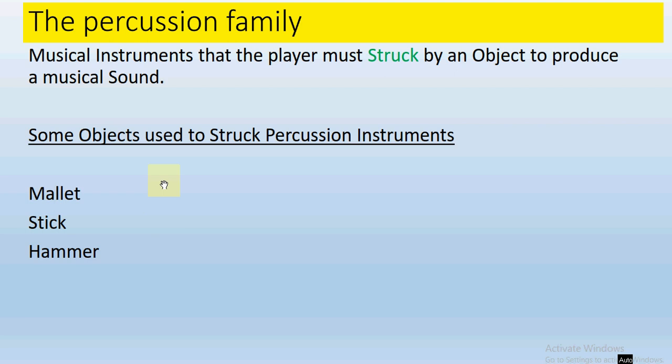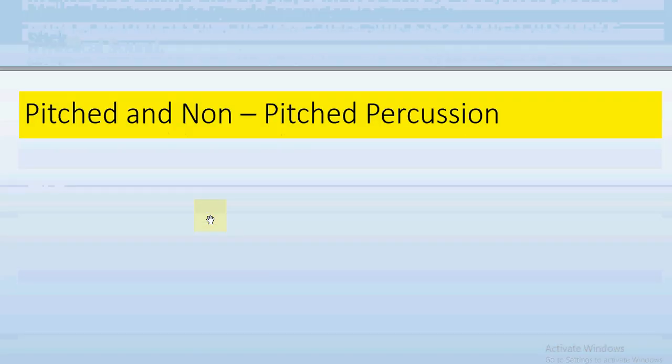So just to dwell on the term percussion, I think it originates from the Latin word percussive, like something that you need to strike. I believe that is the literal meaning. Okay, so we ride on now.